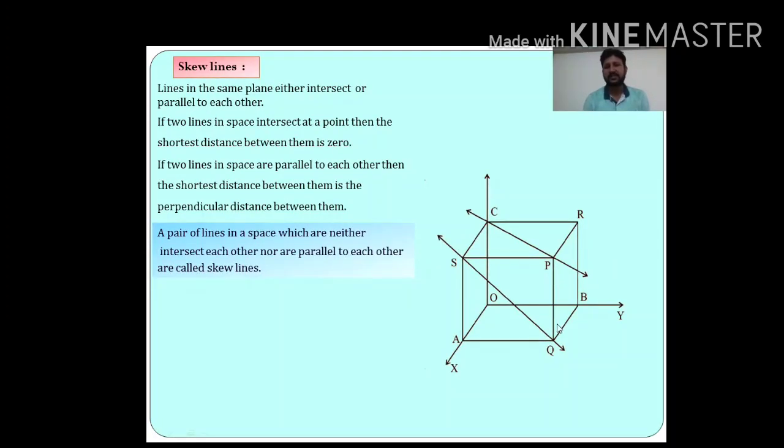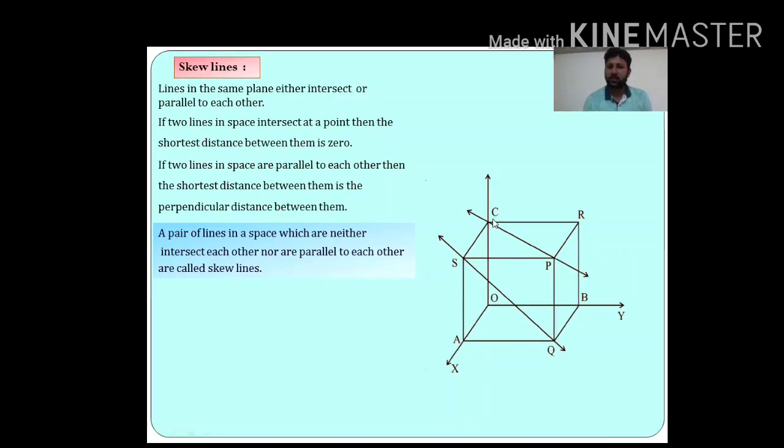One line SQ passes through the plane AQPS, and another line CP passes through the plane CSPR.